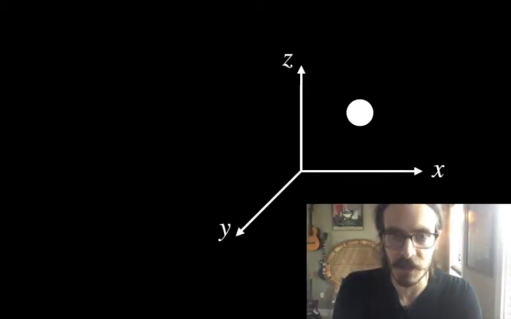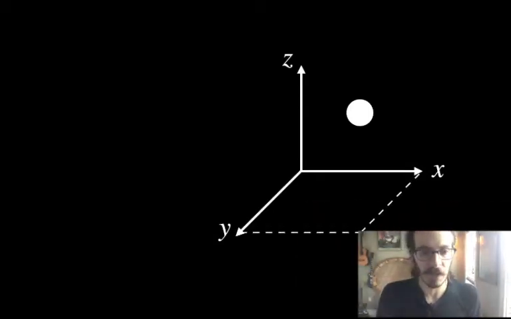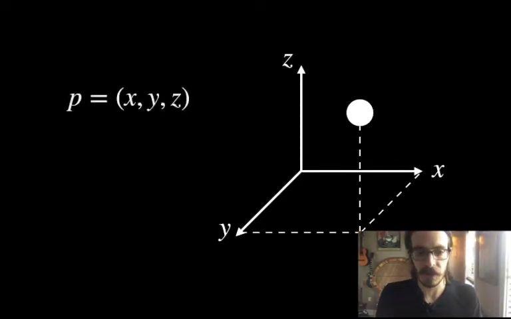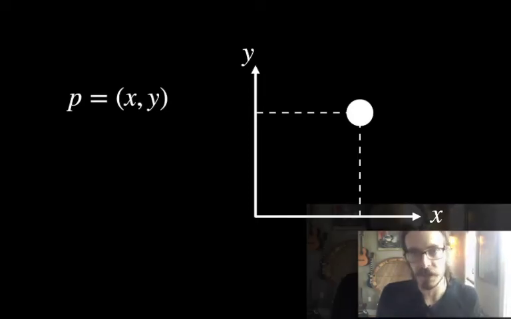So there is a coordinate for each of these degrees of freedom. We could label the axes x, y, and z. If we have a value for each one of those, then we've completely described the object's position in 3D space. In our game, we're going to be taking that down to 2 dimensions, so we only need an x and a y coordinate.